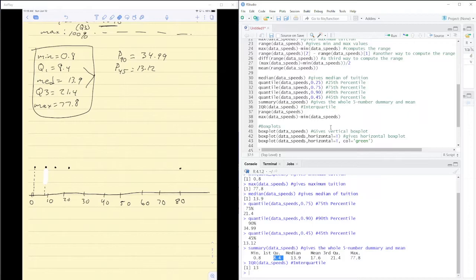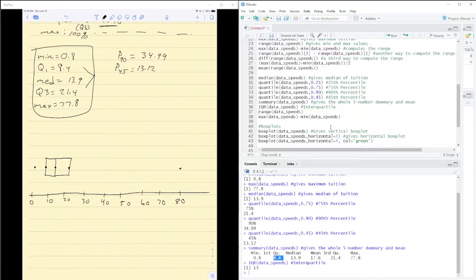And then to make a box plot, we put a box around our first and third quartile. And we put a bar down through the median.